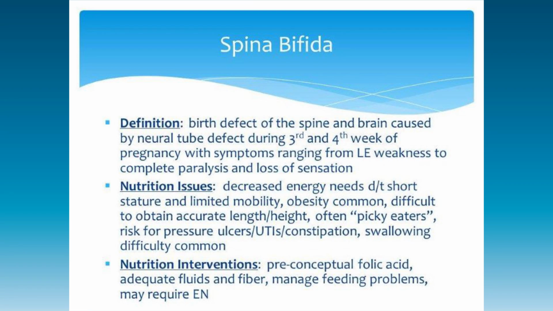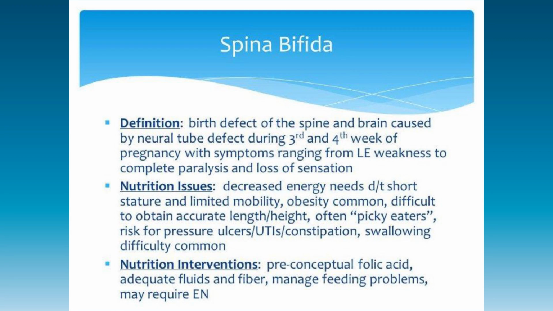Nutrition issues, they usually have a shorter stature and limited mobility. Sometimes they're in wheelchairs, so they're going to have lower energy needs. Obesity is common. It can be difficult to get an accurate height and weight. A lot of times they're not able to ambulate or stand up, they're contracted. So you might have to do some segmental type heights, or if you can, an arm span.